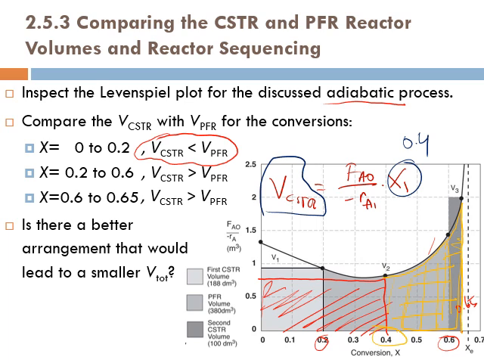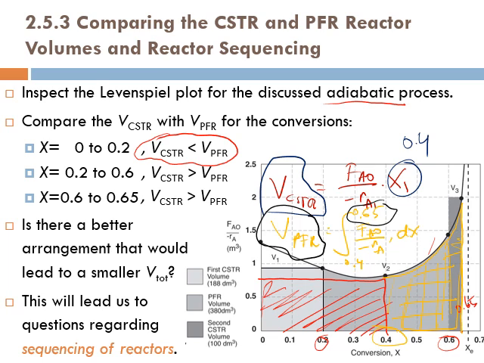So you use the correct needed volume in order for the conversion to take you to 0.4. The same thing with the plug flow reactor. When you design, Fa naught over minus Ra dx, you know that you start with 0.4. You want it to take you to 0.65 conversion, so you calculate the volume, and when you calculate it, you design it as I said, and then you build the reactor and you operate it at these conditions, adiabatically obviously here, and it will give you the desired conversion.